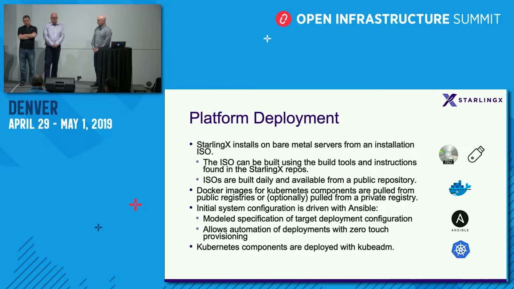And one of the main reasons we did this is so you can now automate your deployment with zero-touch provisioning. You can deploy the system from a remote Ansible server. You don't actually have to log into the system itself. And finally, we use kubeadm to deploy the Kubernetes components. The user doesn't interact with kubeadm at all. We do that behind the scenes, but that's the tooling we're using.